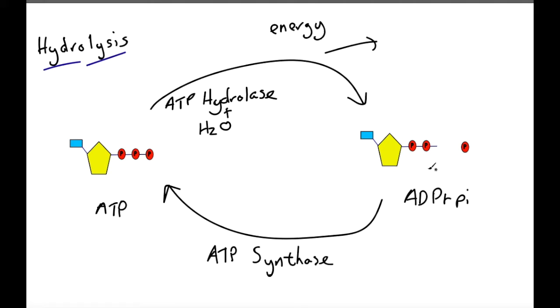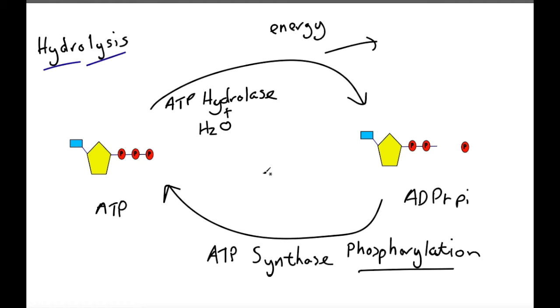So ATP synthase adds the phosphate back on using energy from glucose, and then it'll be ATP again, and this can go round and round and round. When the phosphate is added, this is called phosphorylation. So the process of adding this phosphate back together is called phosphorylation, and it's done using ATP synthase.